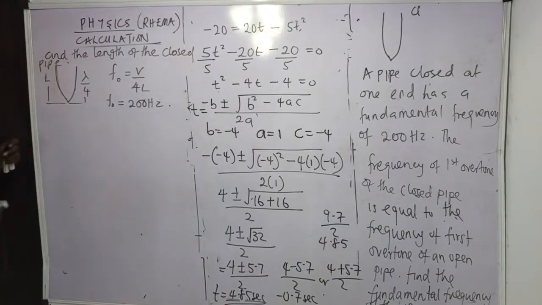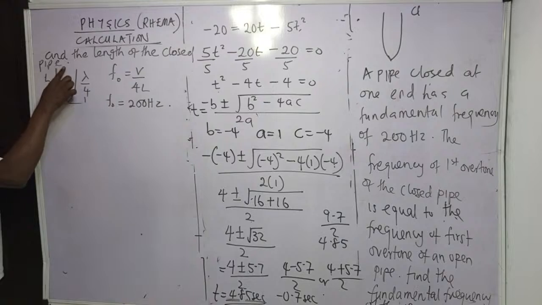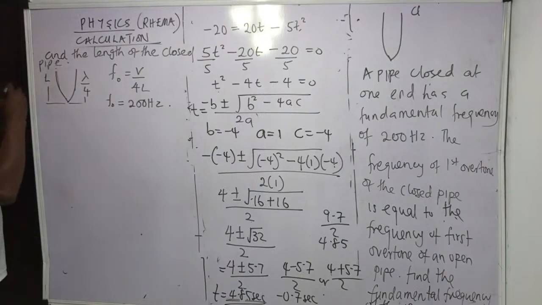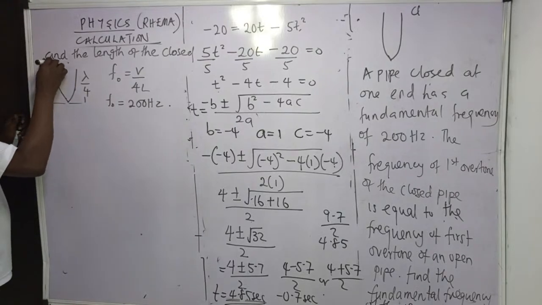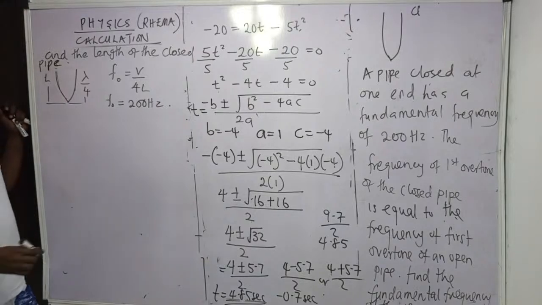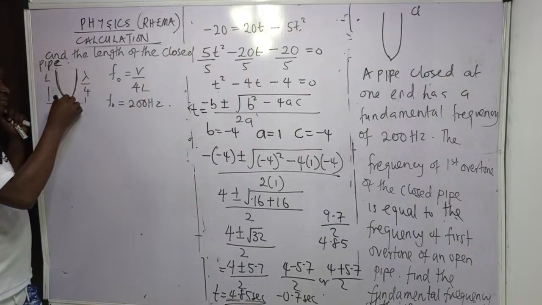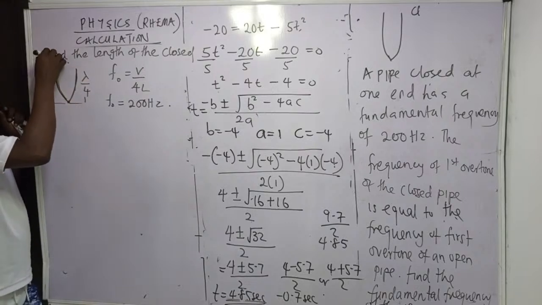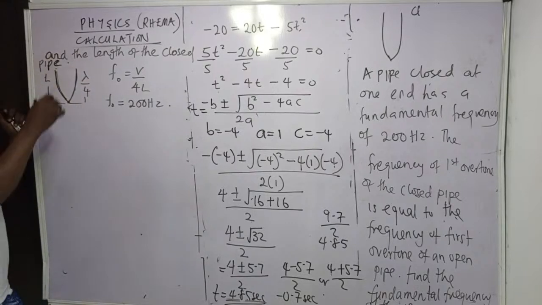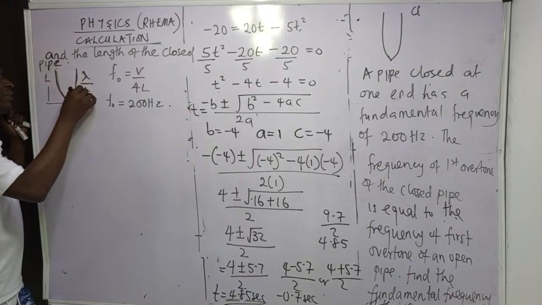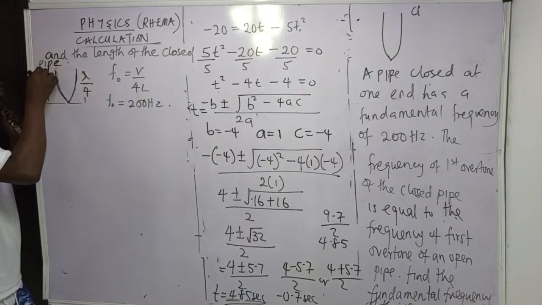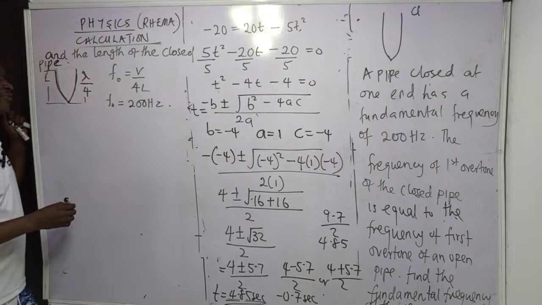Thank you for the question. Now let our people learn from it. You understand me now? Now let's see how we go about the question. The first thing I started with was, they say open at one end. Since it is open at one end, the length is equal to lambda over 4.